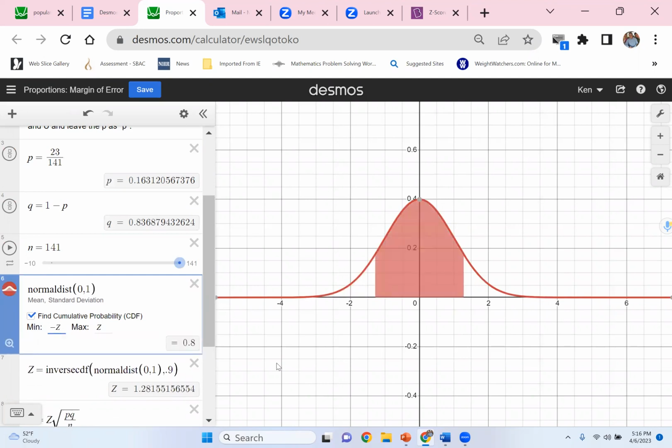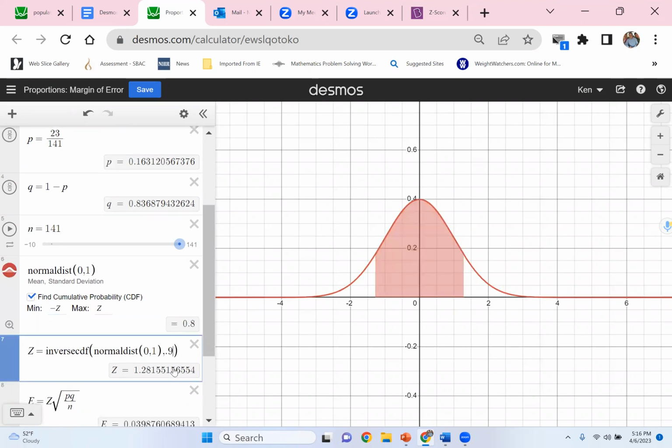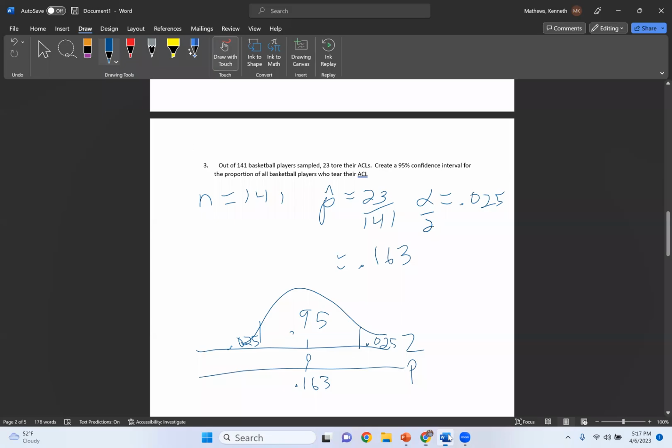Now we want that area to be 0.95. So therefore up here, we're going to put the area to the left of the partition is going to be 0.975. And there we have 95% area shaded. And our critical z is 1.96. Let's put that in right away. So this is 1.96. And this would be negative 1.96.